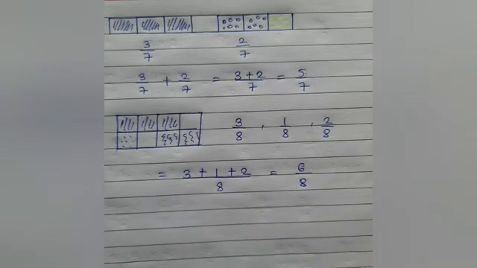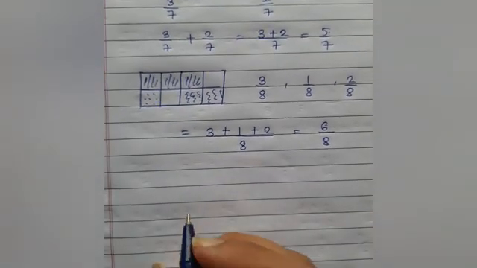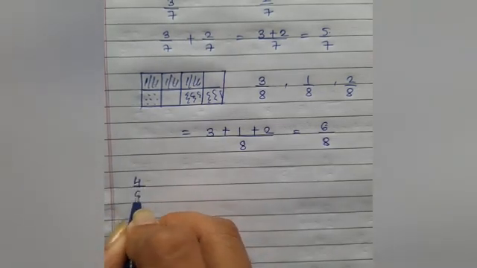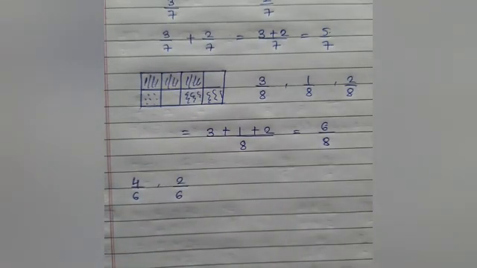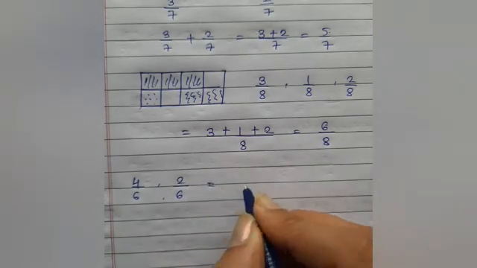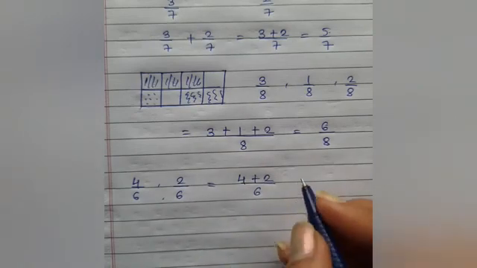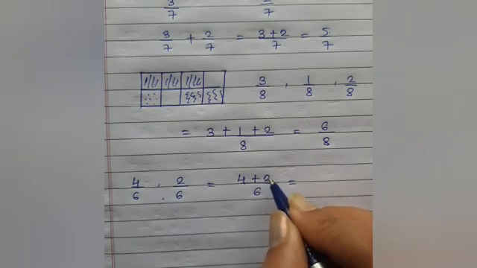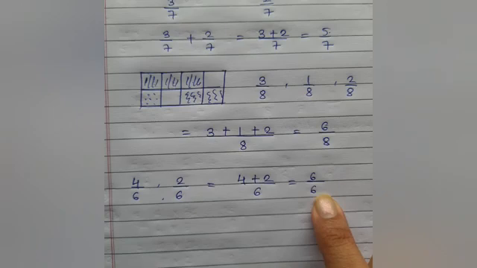Now, we'll take another example. The fractions will be 4 upon 6 and 2 upon 6. Here, since the denominators are the same, we'll keep them as they are. So, 4 plus 2 upon 6, and adding, the obtained value will be 6 upon 6.